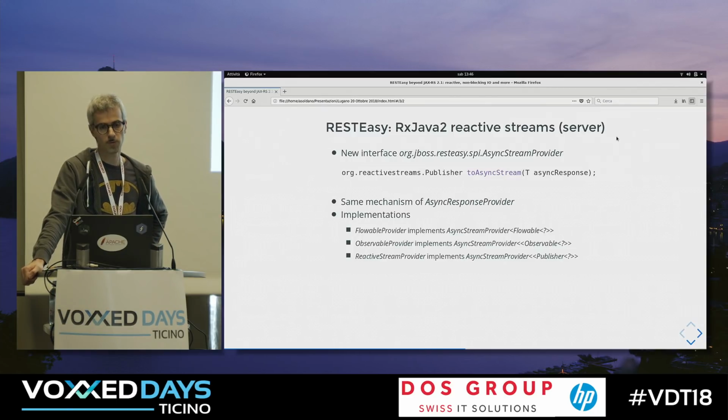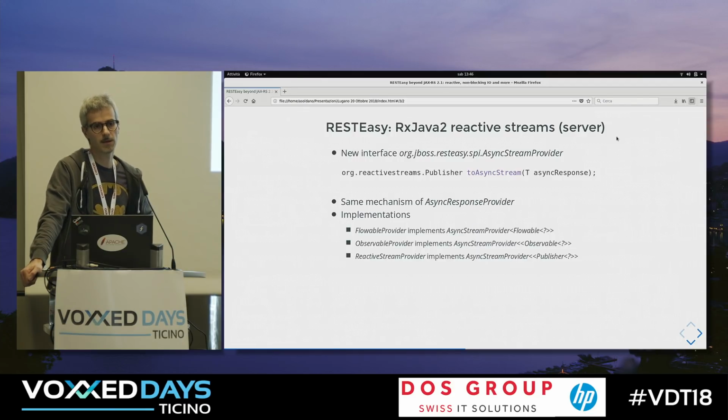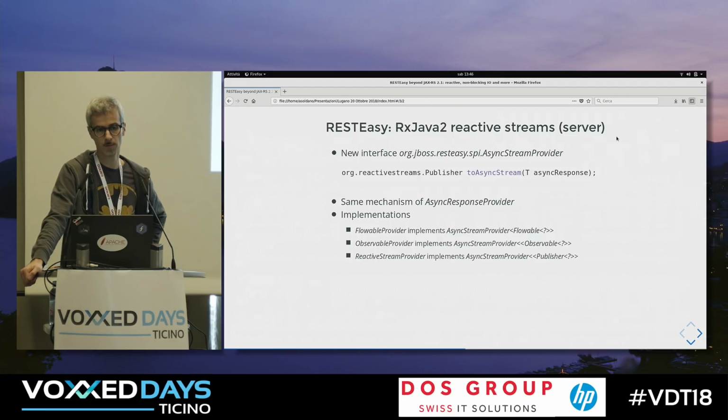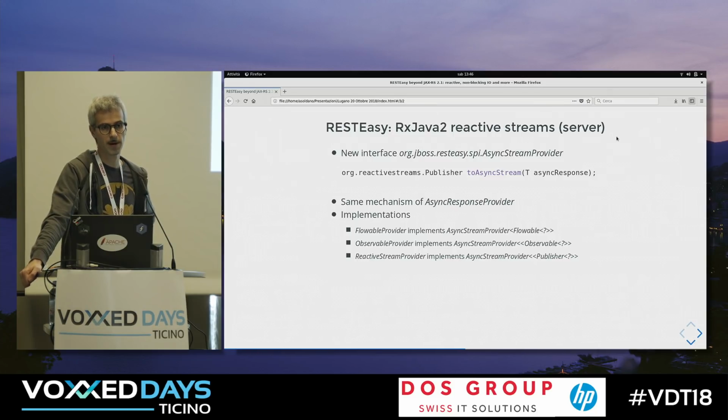The user is free to implement this interface, again put the implementation into the deployment and use it directly. Otherwise, it can rely on 3 implementations that are available out of the box in RESTEasy, and that provide support for Flowable, Observable, and the simple Publisher API. Clearly, the names are Flowable, Observable, and Publisher Provider.